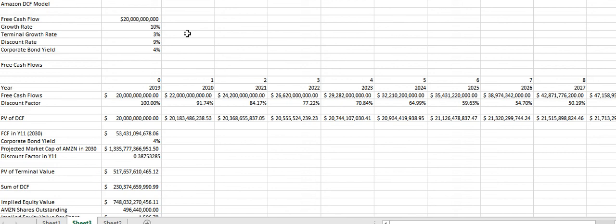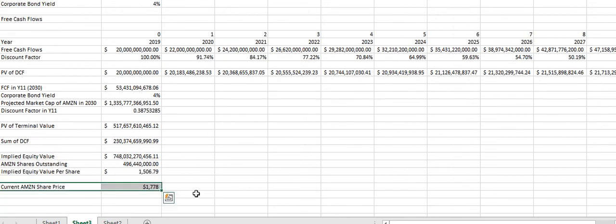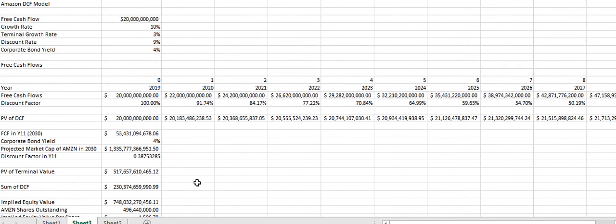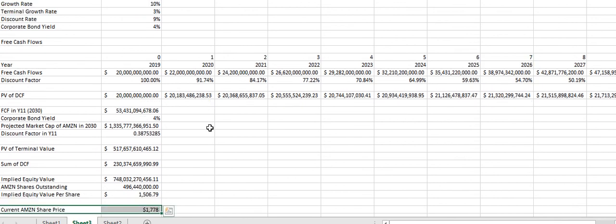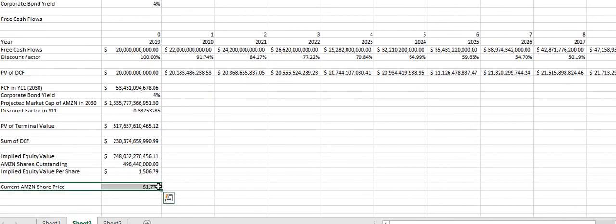Most of these I like to stay conservative, and if we assume the long-term growth rate of Amazon stock at about 3%, it's good to stay conservative with these, but I think that's about right. You can see that, based on this model, the market's pricing in that Amazon's going to grow its earnings at more than 10%.